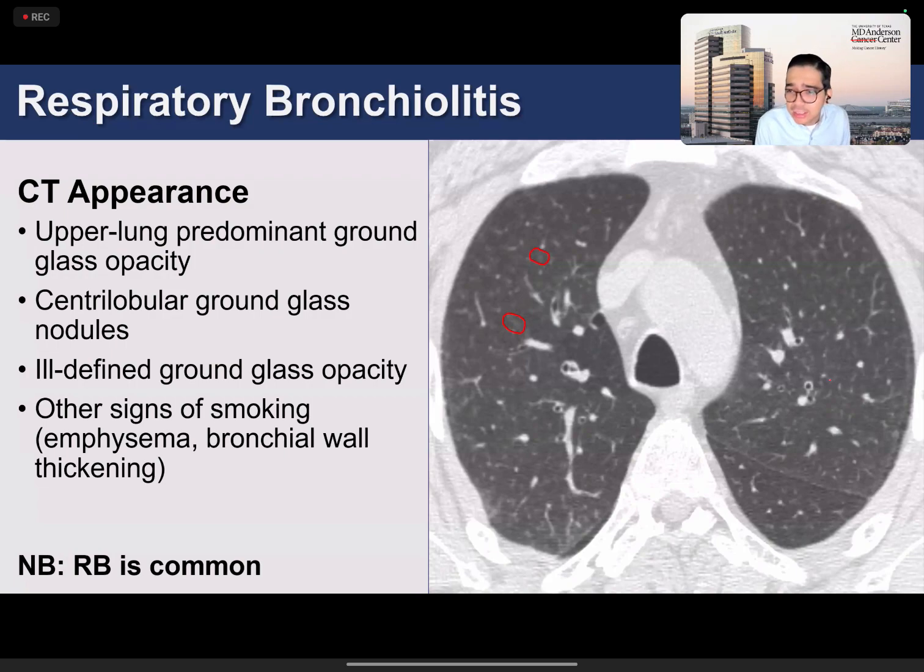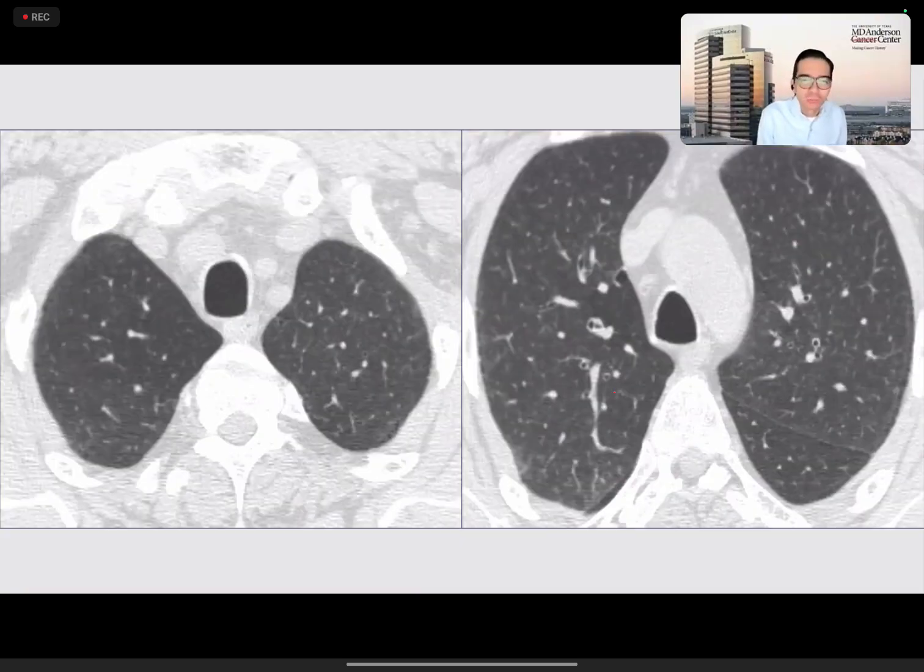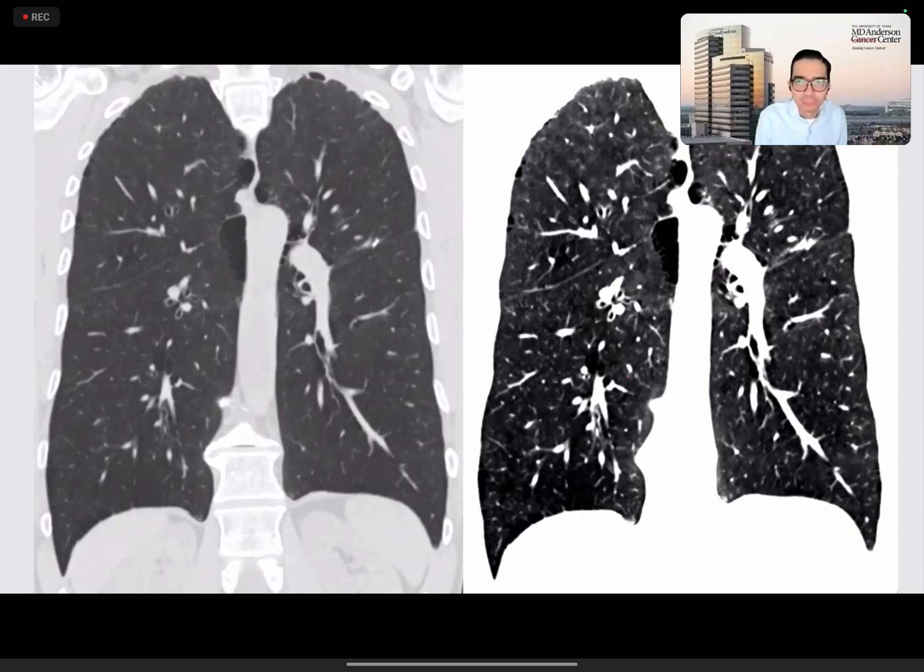And this is common. So if you see patients who have a smoking history, or if you are seeing them for lung cancer screening, this should be something that you're looking for. You can see it's very faint. So it's really something that you have to keep in your mind, and then correlate with the history. Oftentimes it's helpful to narrow the windows so that it will demonstrate the ground glass opacity a lot better.